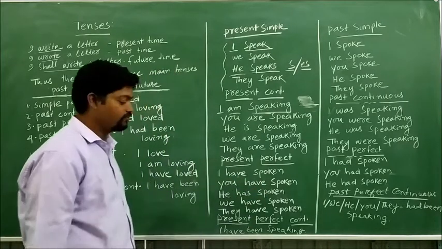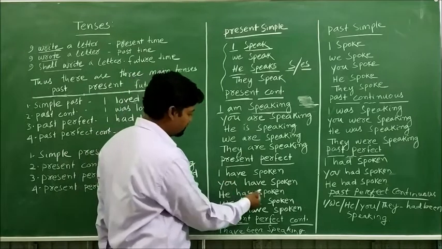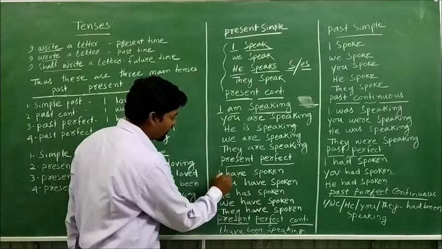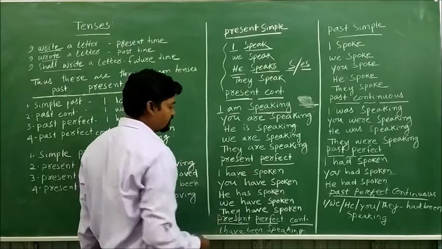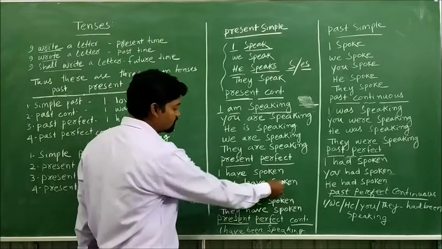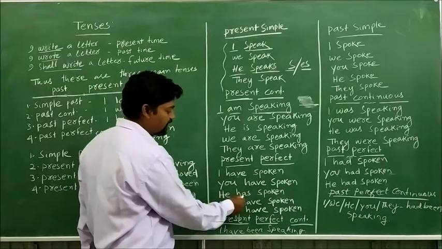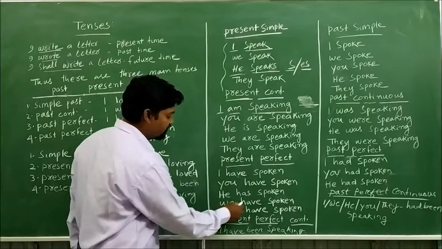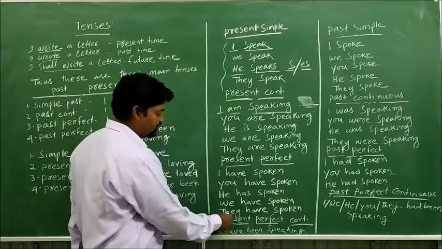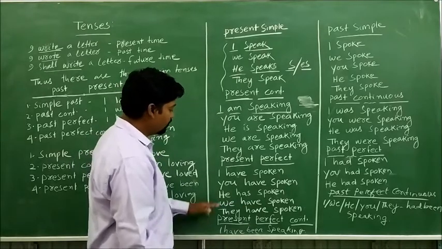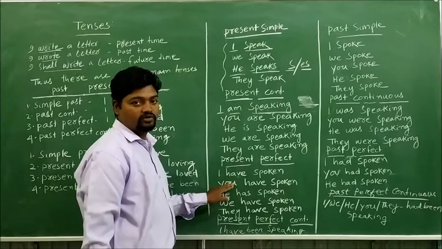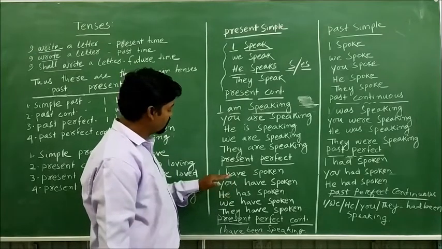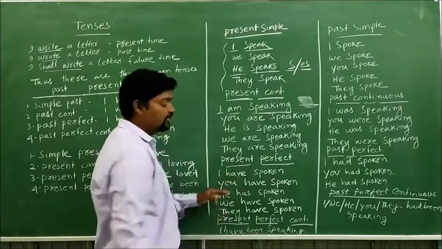Example: I have spoken. You have spoken. He has spoken. We have spoken. They have spoken. We don't use I has spoken. Students, it's wrong.